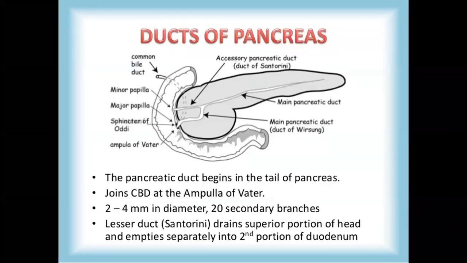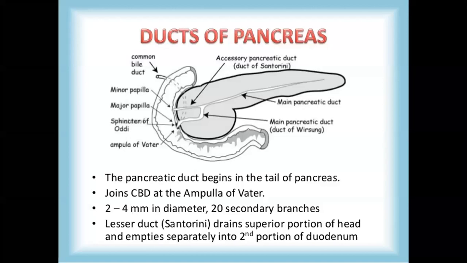Well, it's very important to understand the ducts of the pancreas. Well, there is the main ductal system of the pancreas. You can see the common bile duct, the accessory pancreatic duct, what we call in Spanish the duct of Santorini. There's a major papilla, minor papilla, the sphincter of Oddi, ampulla of Vater, and the main pancreatic duct, the duct of Wirsung.